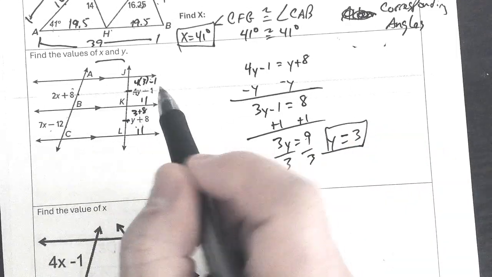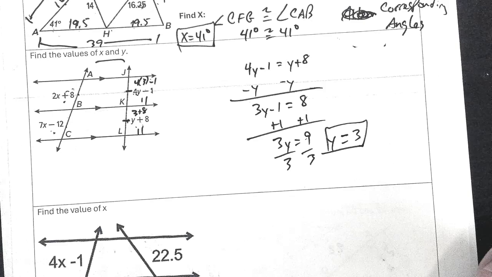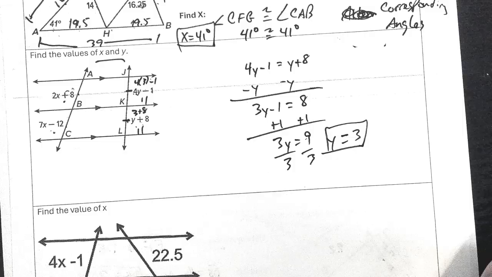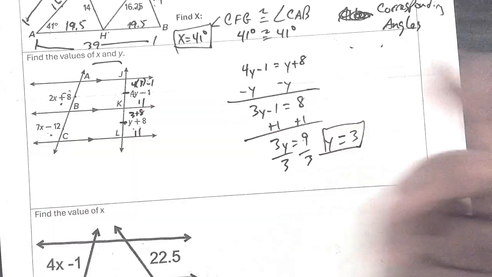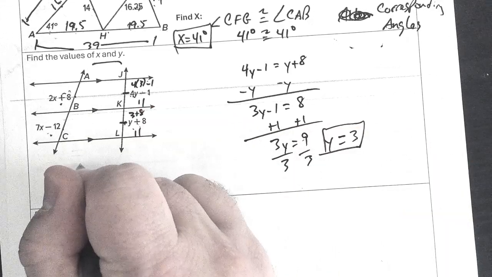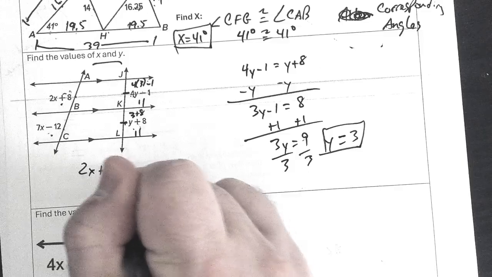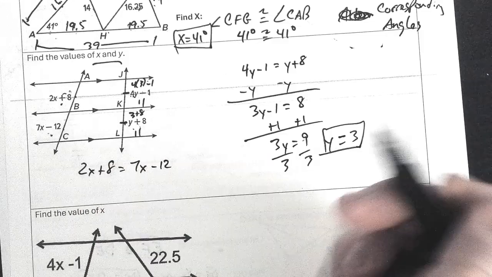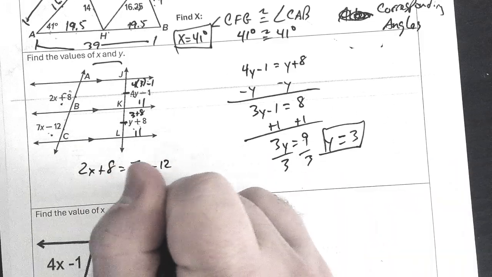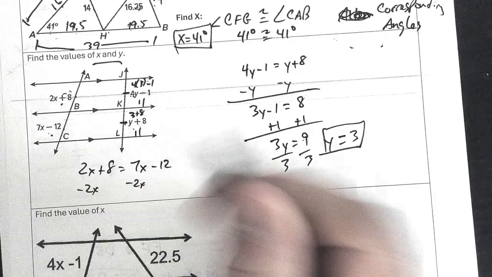So if these two are congruent, now we can solve this way, because these two should be congruent, because of the congruent parts of the parallel line rule from the previous page. So let's put these equal to one another. All right, minus 2x.